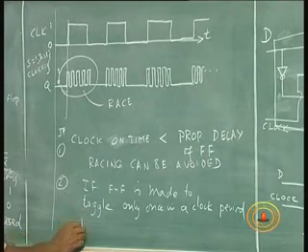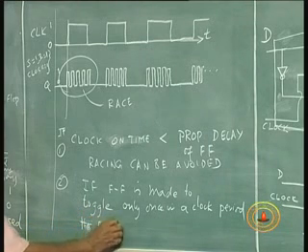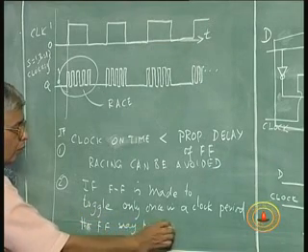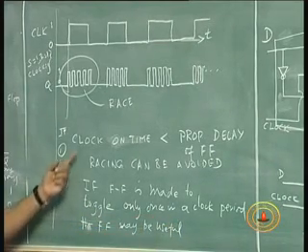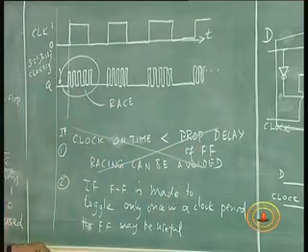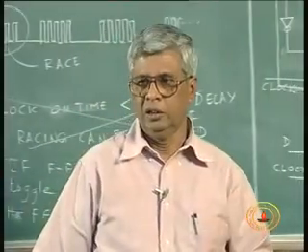So this flip-flop may be useful. We will have to see how to do that. What we have to see is, this is an impossible condition to meet. How to prevent this toggling or racing and make it toggle in a controlled way?